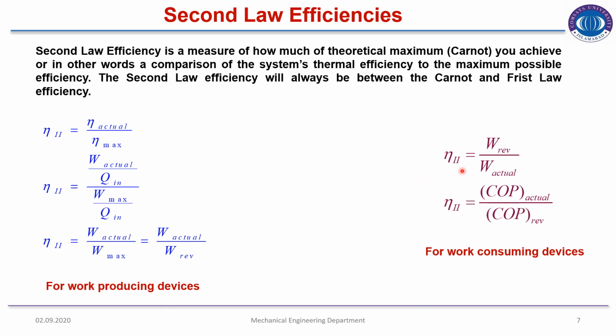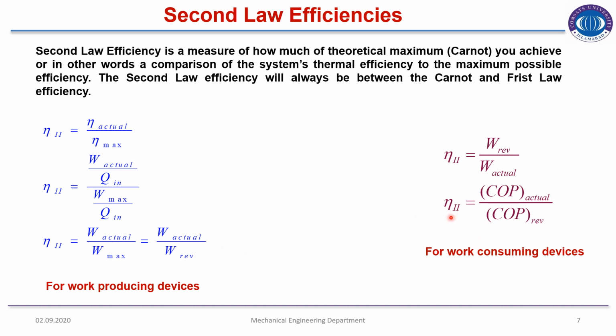So here we have W reversible in the numerator and W actual in the denominator. For work producing devices, W actual is in the numerator and W reversible is in the denominator, whereas for work consuming devices, W reversible is in the numerator and W actual is in the denominator. So these are opposite.